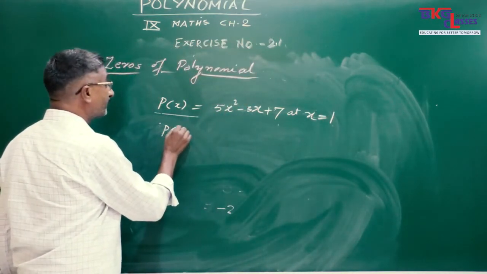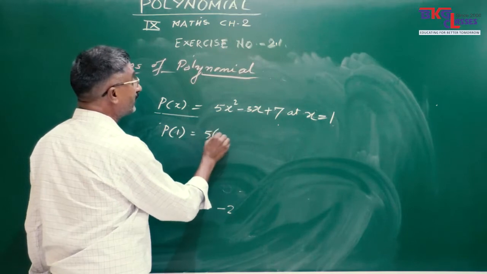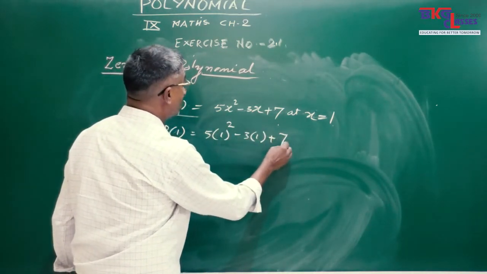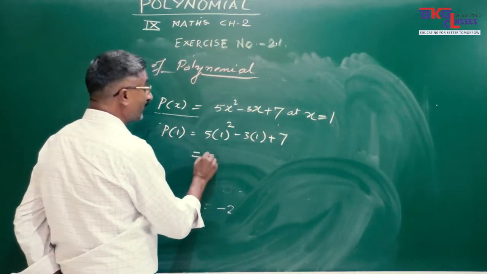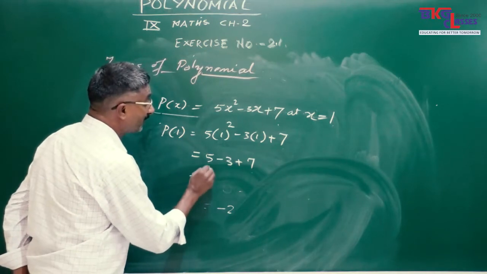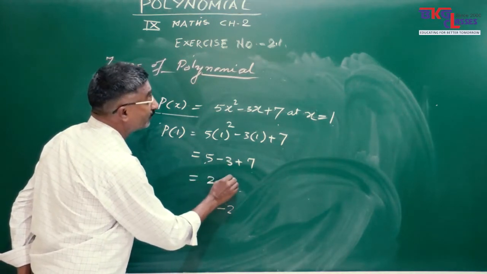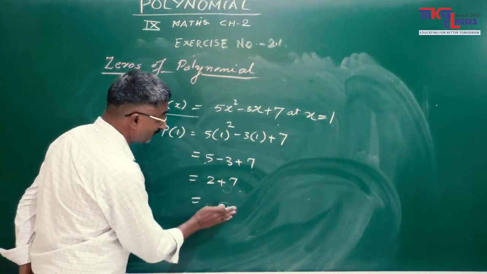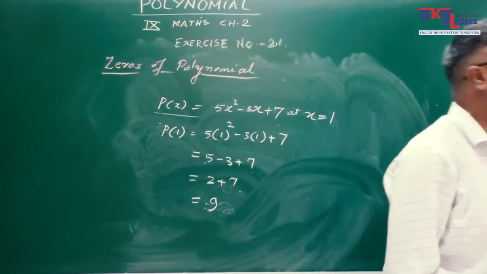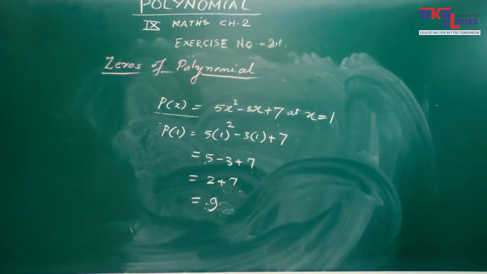So, p(1) = 5 into 1² − 3 into 1 + 7. So, this is equal to 5 − 3 + 7. So, 5 minus 3 is 2 plus 7. So, this is equal to 9. Now you can verify from the book also, the answer is 9, correct.